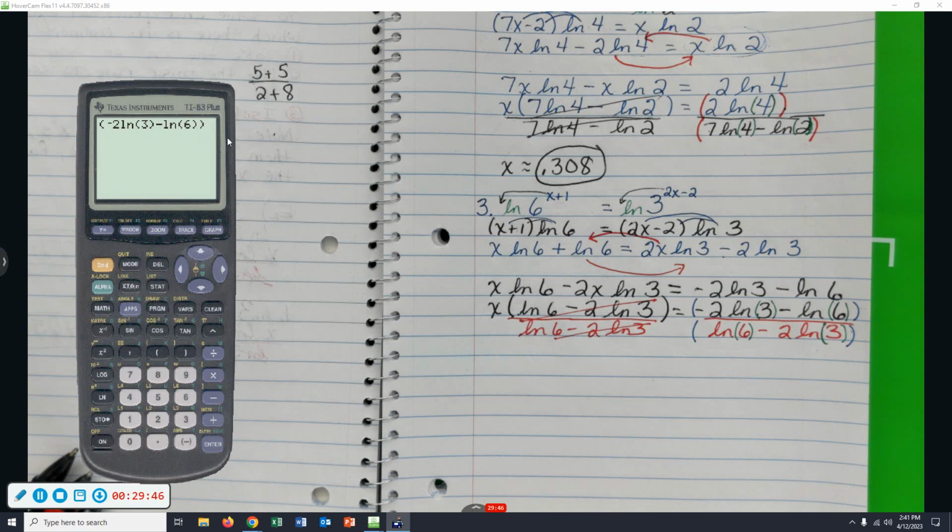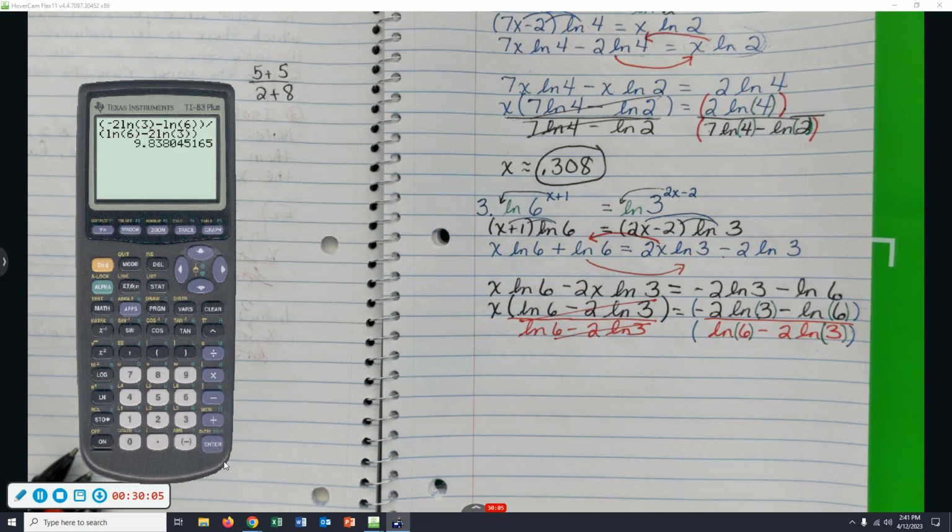There's the entire numerator, divided by left parenthesis ln 6 close, minus 2 ln 3 close.